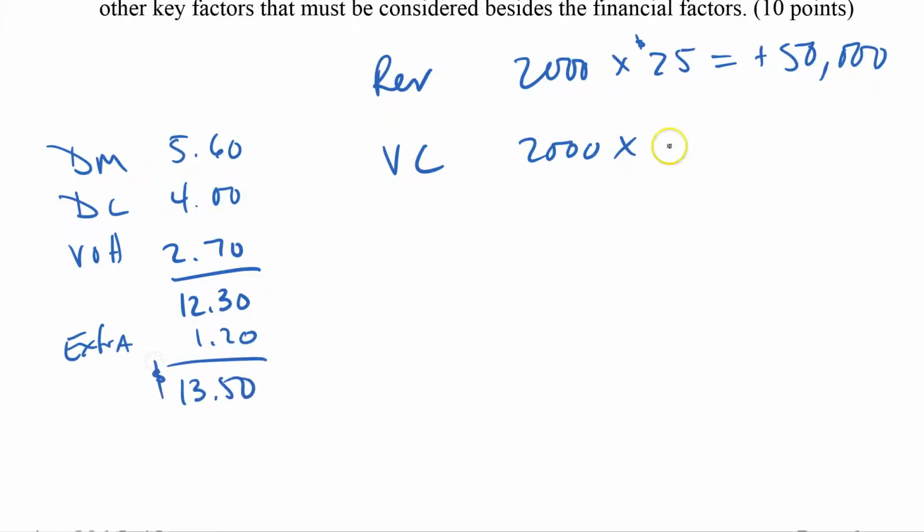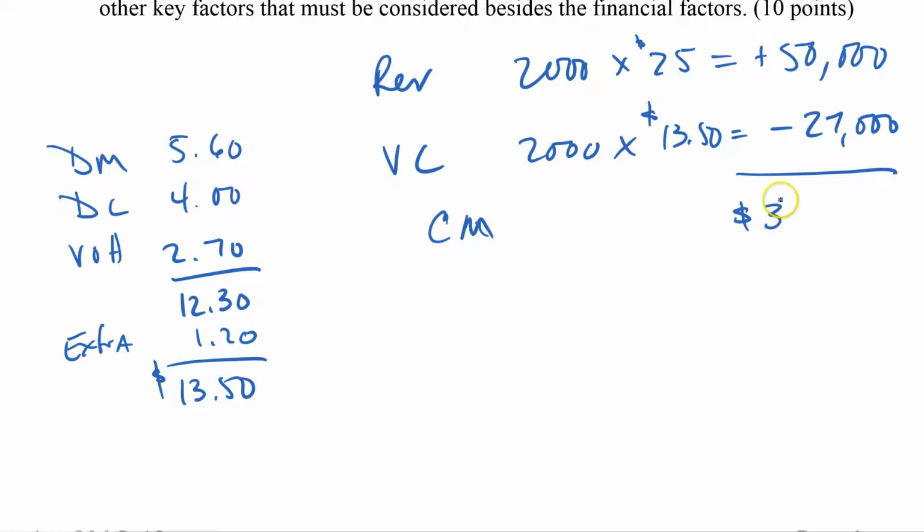So my variable cost is $13.50 per unit. I multiply that out, and that's a cost of $27,000. So we know so far, if we were to accept this order, that would give us $23,000 of additional contribution margin.